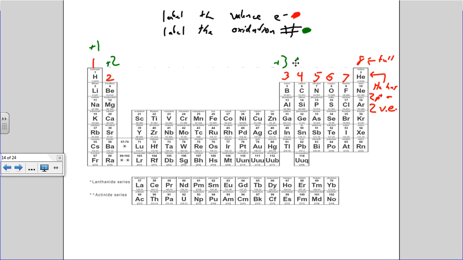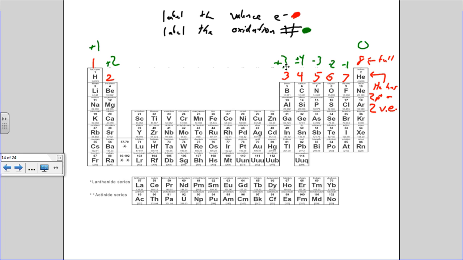Right here, plus or -4, -3, -2, -1, and 0. So remember, again, oxidation number is the charge of the atom after it goes through that ionization process, either gaining or losing its electrons in order to form ionic bonds.